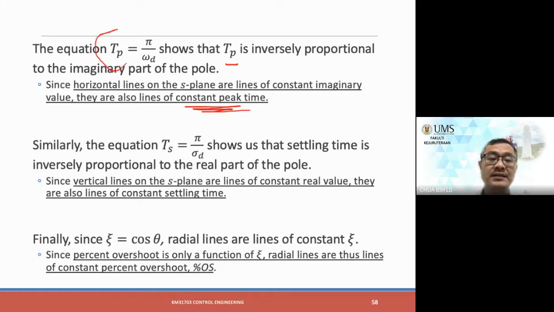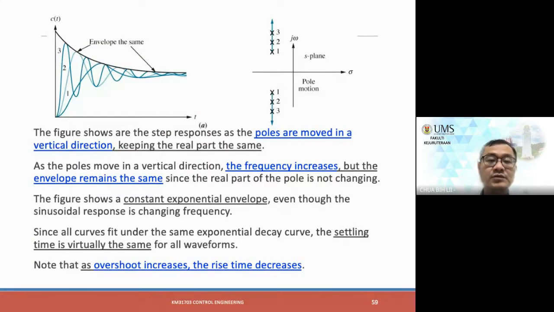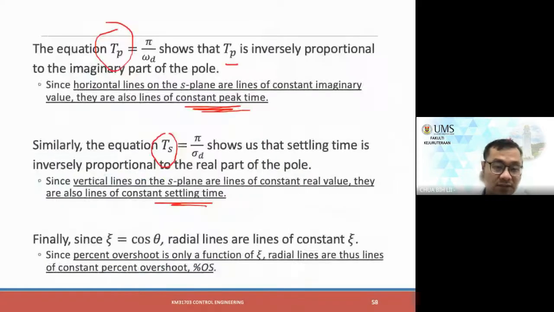Whereas the real part represents the constant settling time, because they are related to the real part of it. So now you can see that the peak time deals with the omega d, the imaginary one, and the real one would be the settling time. So this is how it may look.